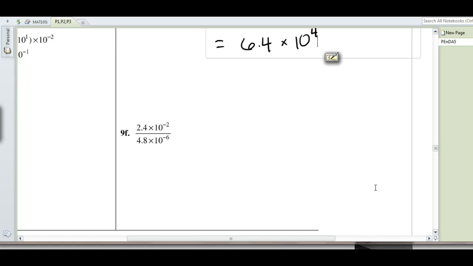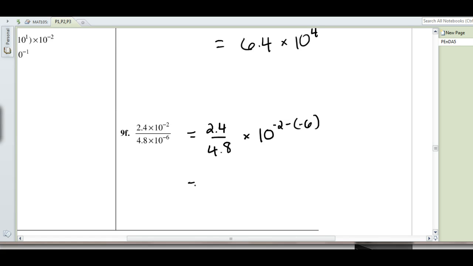And then the last example is similar, but it's division, so we're going to do 2.4 over 4.8. So notice 2.4 is half as big as 4.8, so that's just 0.5 times 10 to the negative 2 minus negative 6. So we end up with 0.5 times 10 to the 4th.